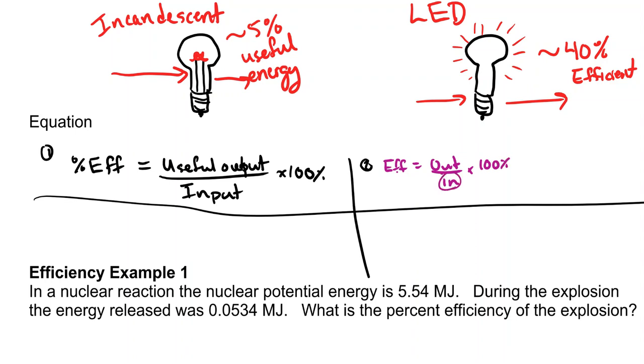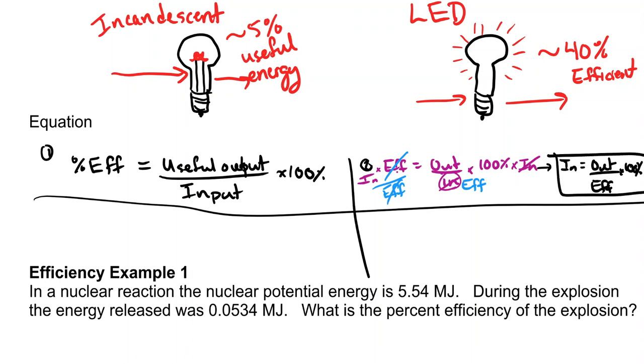We want input, so we multiply by input on both sides, and then we have to divide by efficiency on both sides. And let's see what we get. We get left with input equals output divided by efficiency times 100%. There we go. Perfect. So that's our second version of our equation.